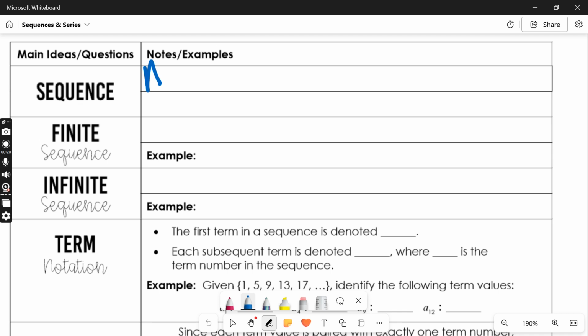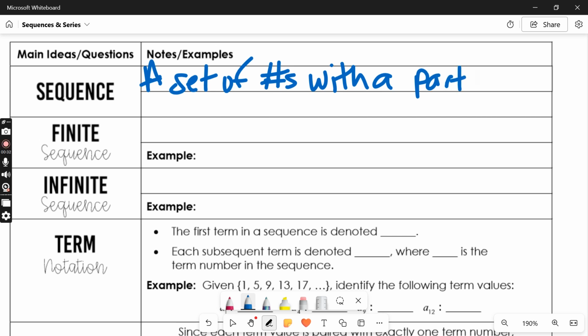A sequence is a set of numbers with a particular order or pattern.